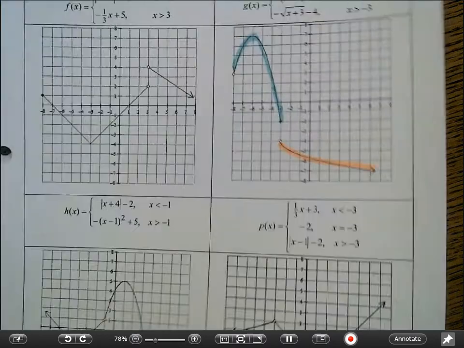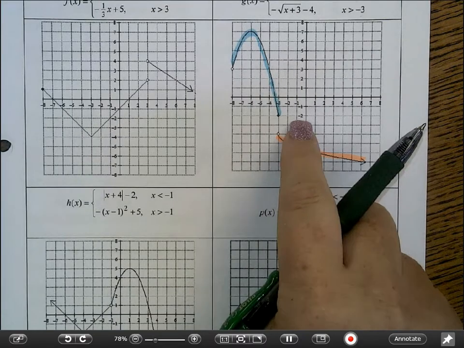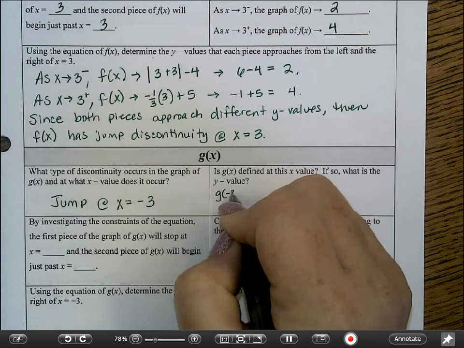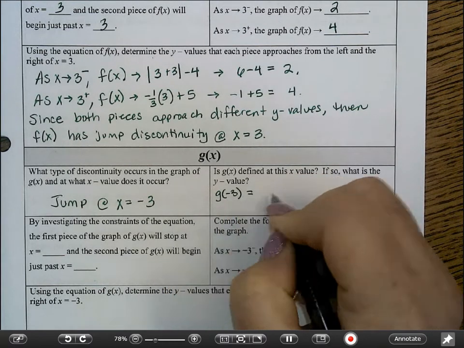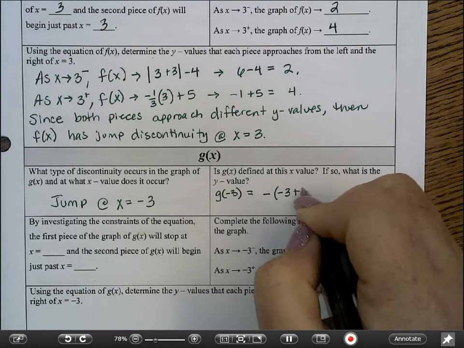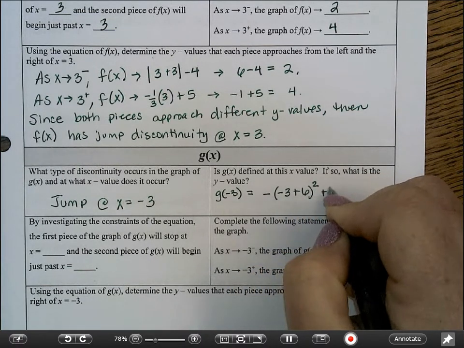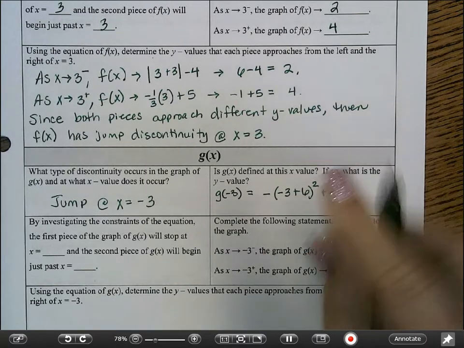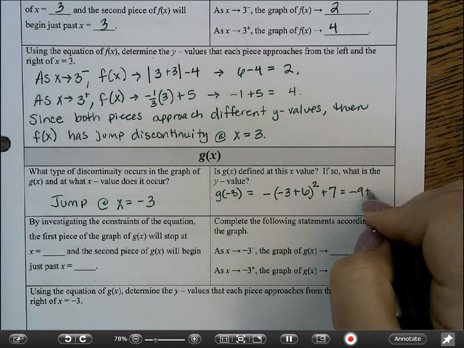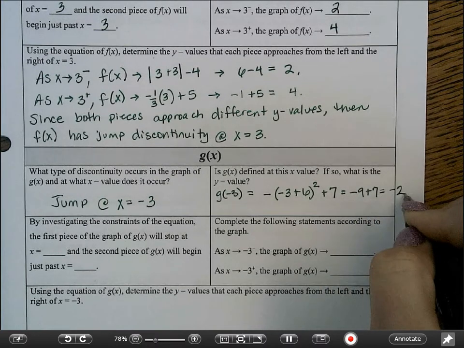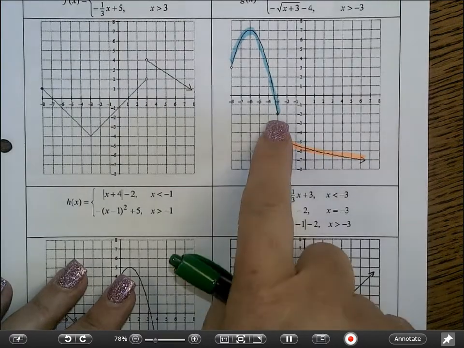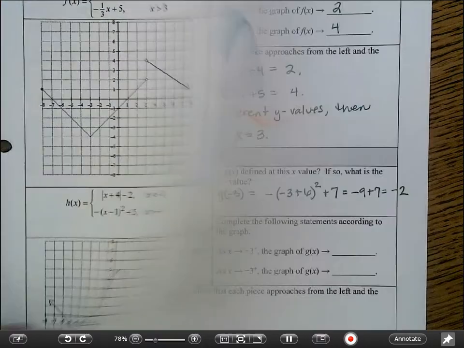From our graph, we can definitely tell that the y value is negative 2. But what we're doing is plugging in negative 3 into the equation. So we get negative 3 plus 6 squared plus 7. We get 3 squared is 9, negative 9 plus 7, and we get negative 2. Okay.